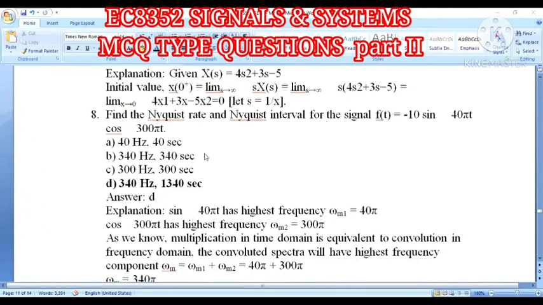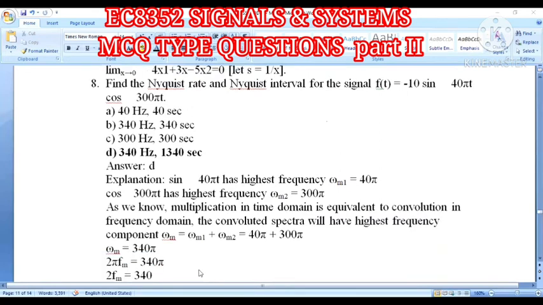Okay, because the time domain signal is given, but here the frequency will be in hertz. So for that I take the property of convolution, that is multiplication in time domain is equal to convolution in frequency domain. So for that I add these two frequency values, and this value is the convolved frequency value.